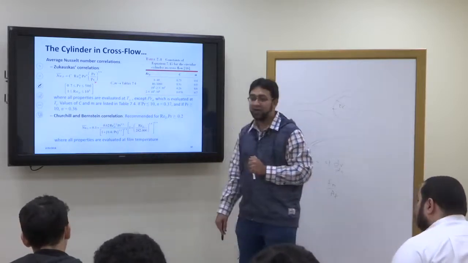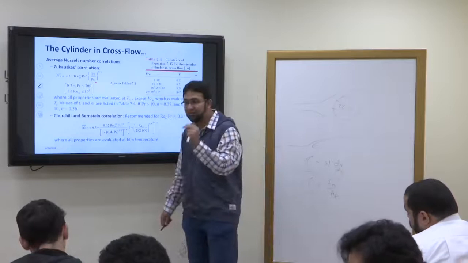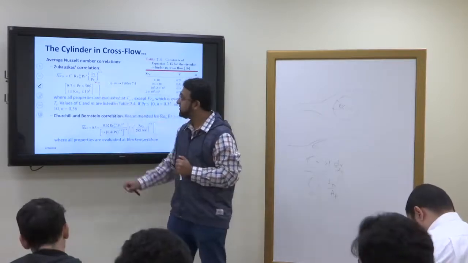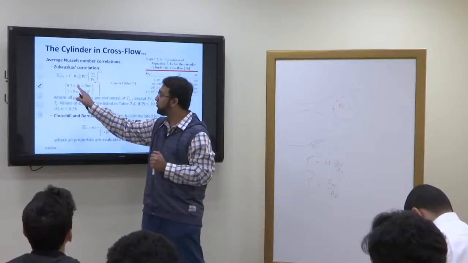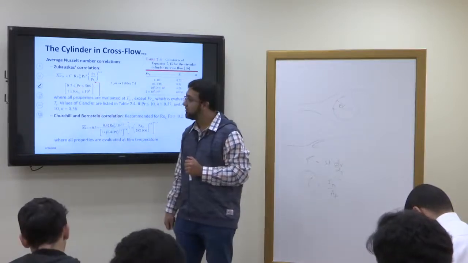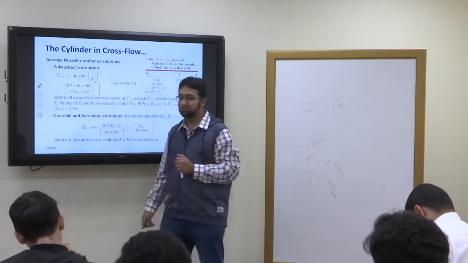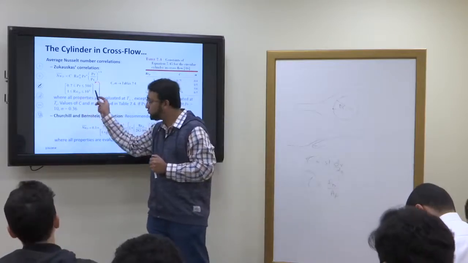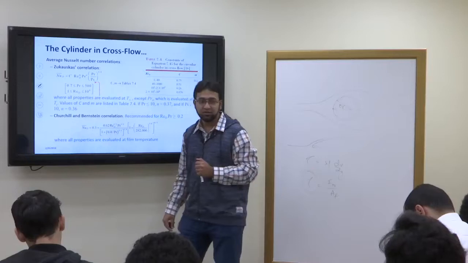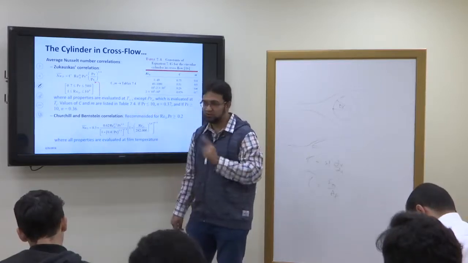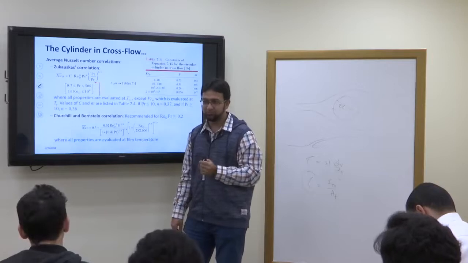In order to check the validity of this correlation, these are the conditions. The Prandtl number should be in the range 0.7 to 500, and the Reynolds number should be in the range 1 to 1 into 10 to the power 6. If this is the case, then you can apply Zukauskas correlation. Otherwise, you cannot apply it.